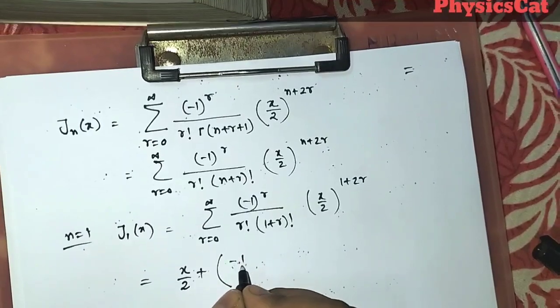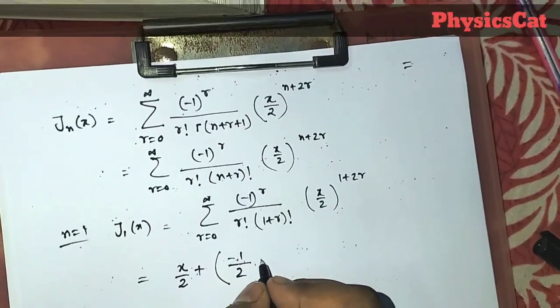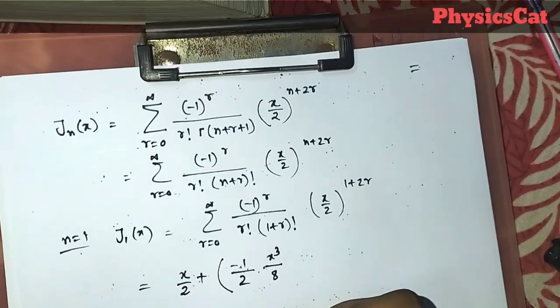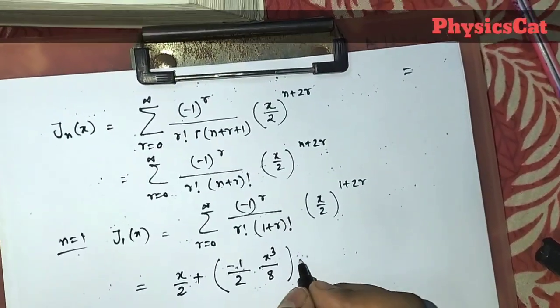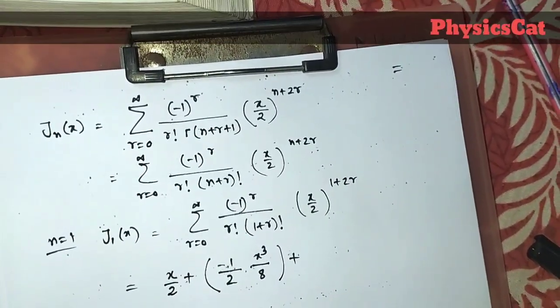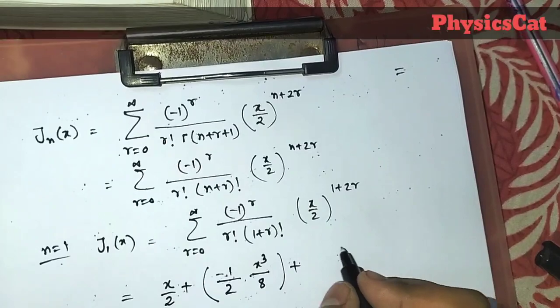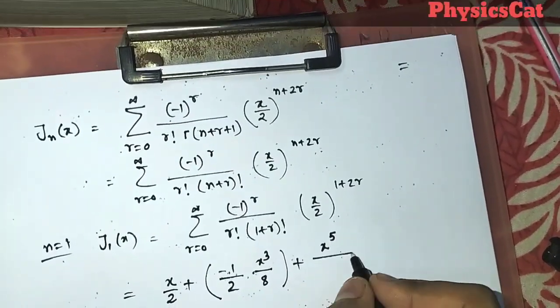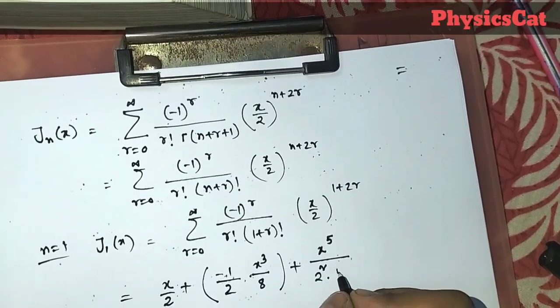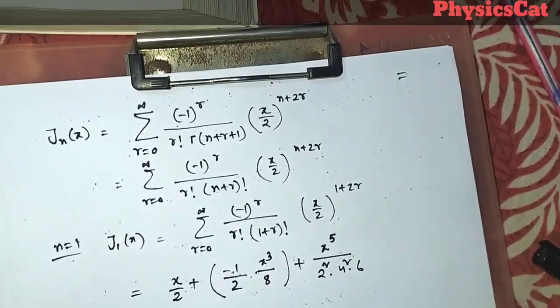So minus 1/2 into x cubed by 8. Plus, if you substitute r equal to 2, you will get x to the power 5 over 2 squared, 4 squared into 6.